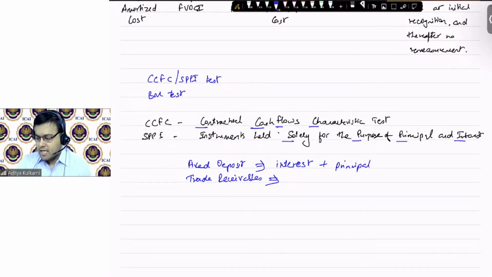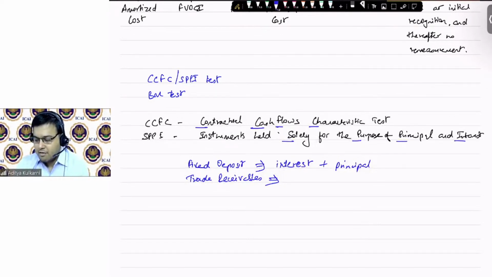Okay. All right. See, when we say solely for the purpose of principal and interest, can there be a case where interest itself does not exist? हो सकता है ना? A very short period, you can have instruments parked for a very short span of time where there is no interest, but you can withdraw the money from that at any point of time.